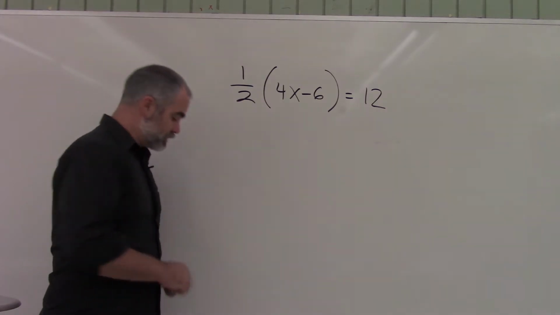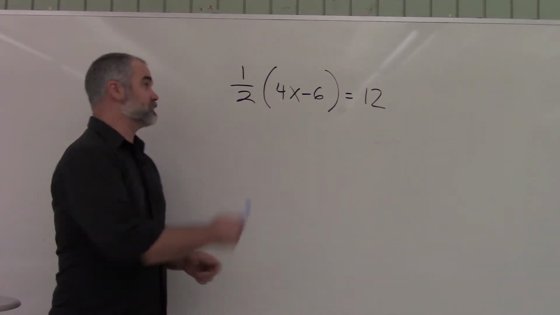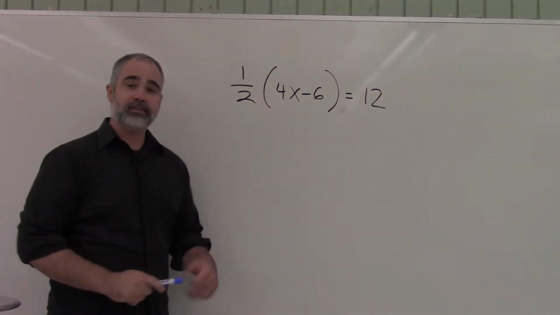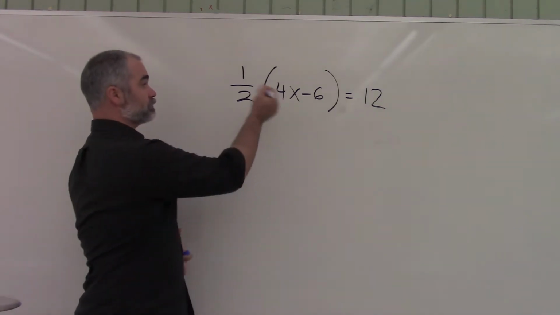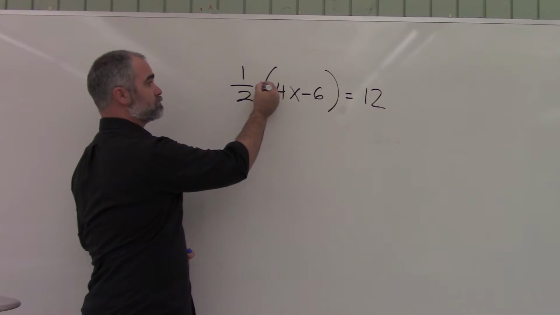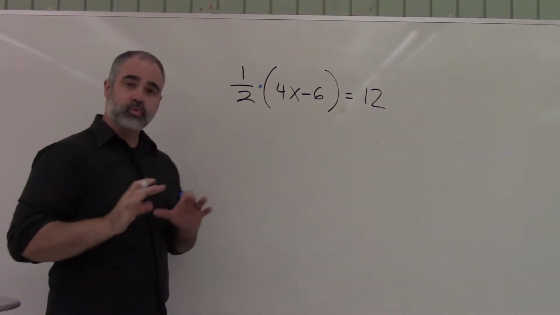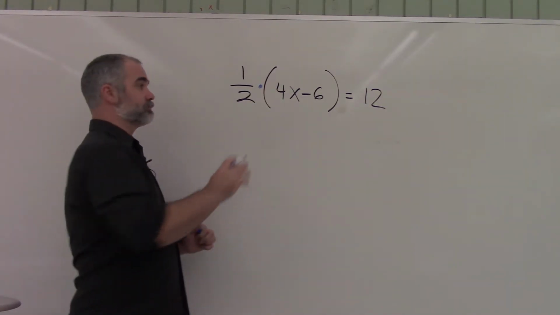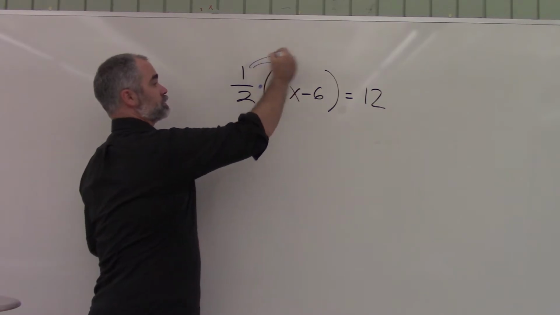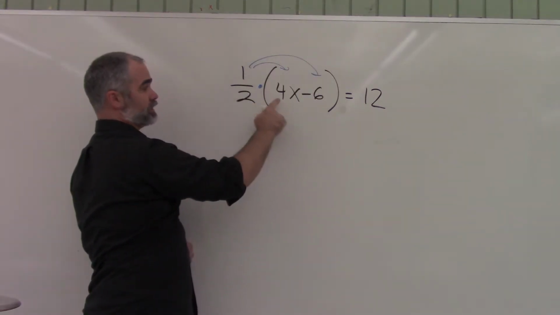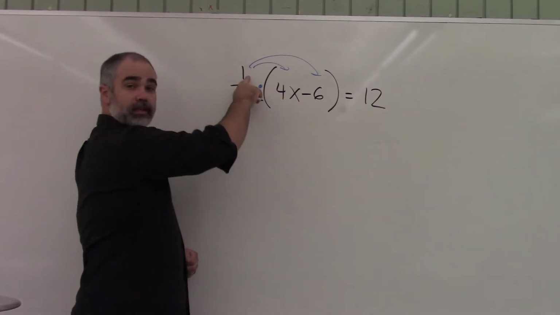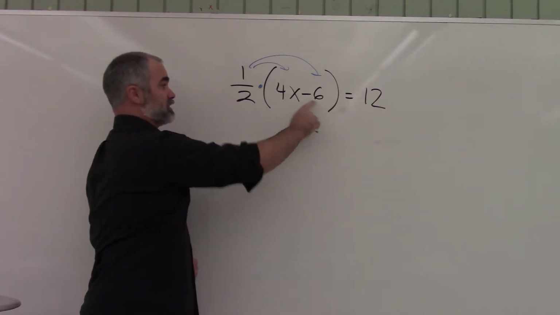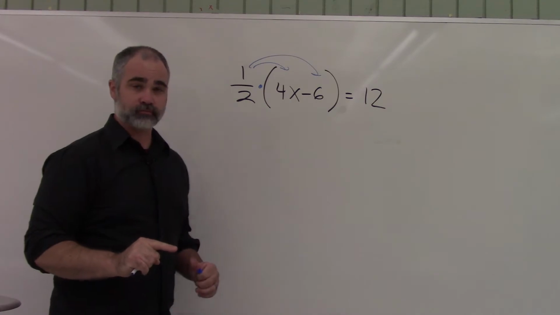But first, let's think about the division problem. What this really means is 1 divided by 2. And remember this, there's no symbol between here, so this is multiplication. So what this really means when I distribute this in is I'm multiplying each of these pieces by 1, and I'm dividing each of these pieces by 2.